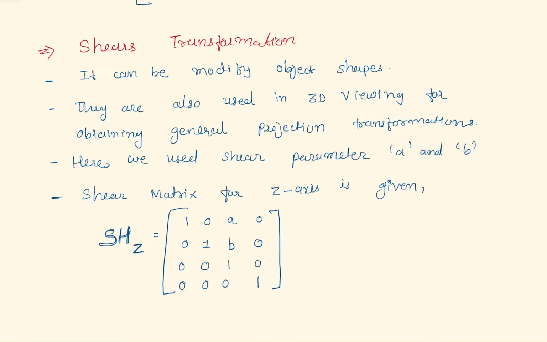Because shear means, suppose I want to shear this object, it will be sheared like this, meaning we can modify this object like this, right? So it is shear transformation. The a and b values will be the shear, that's why we are using a and b parameters.